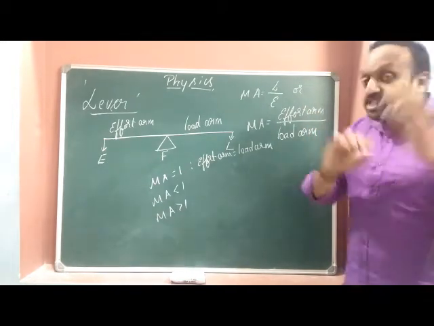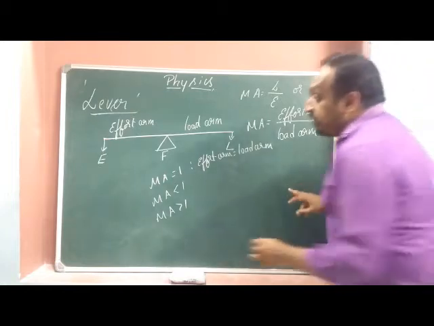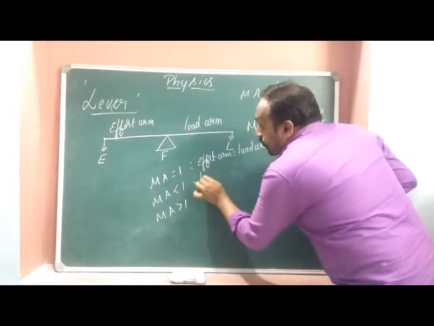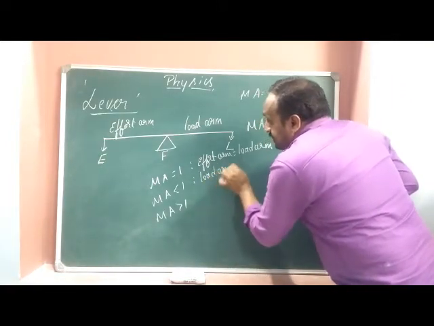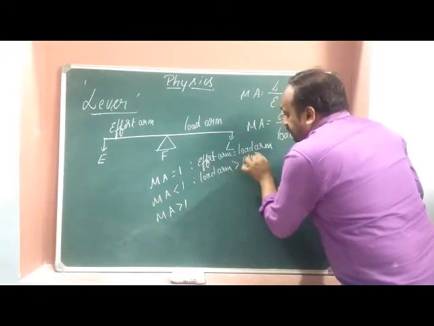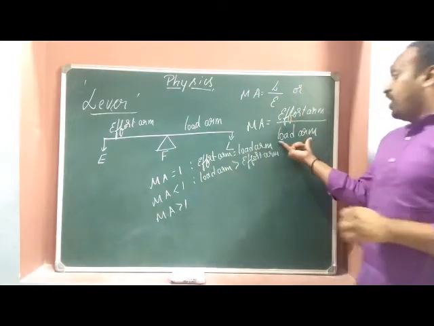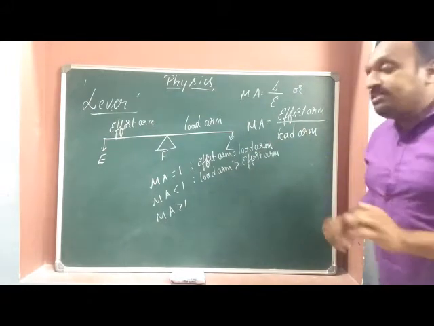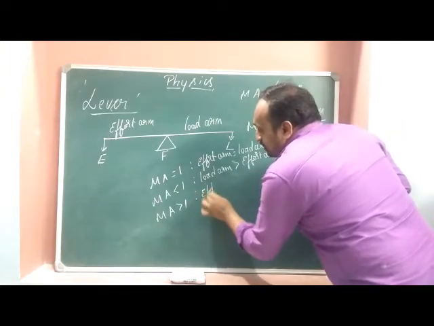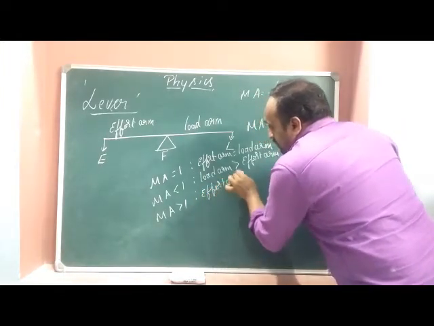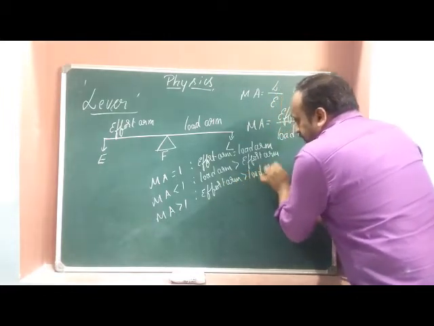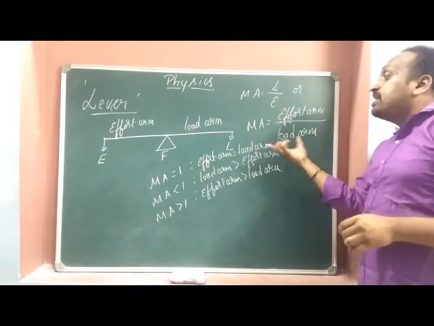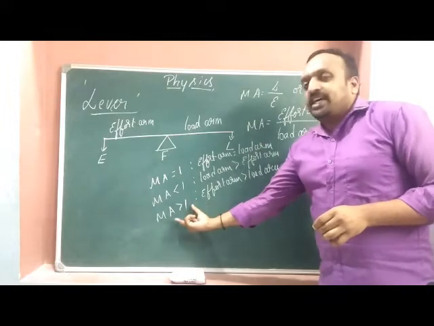Second condition, mechanical advantage less than 1 if load arm is greater than effort arm. If load arm is bigger, obviously it is less than 1. If it is greater than 1, the reverse: effort arm greater than load arm. If effort arm is bigger than load arm, then mechanical advantage is greater than 1.